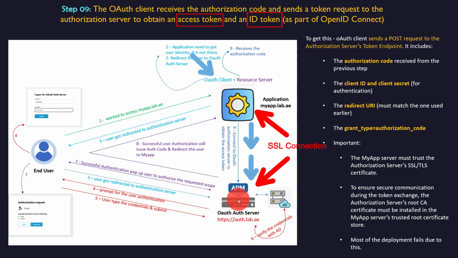In case you are using a self-signed certificate in the Authorization Server, the myapp server must trust the Authorization Server's SSL/TLS certificate. To trust this, the Authorization Server's root CA certificate must be installed in the myapp server's trusted root certificate store. Most deployment failures are due to this.